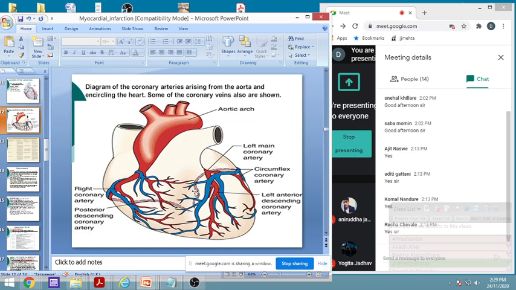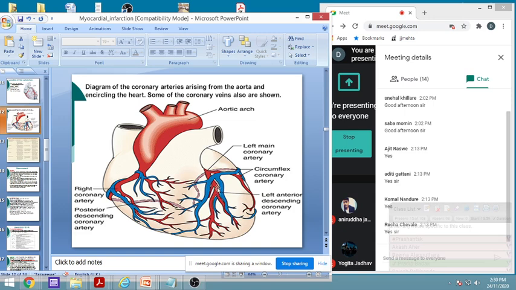We can have a diagram of the coronary arteries which arise from the aorta and encircle the heart. So these are various arteries. This is the left main coronary artery. From that there is a branch, I told you, the circumflex coronary artery. Then most important is the left anterior descending coronary artery, very commonly called the LAD.